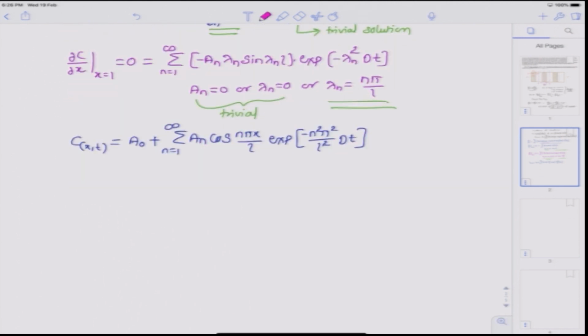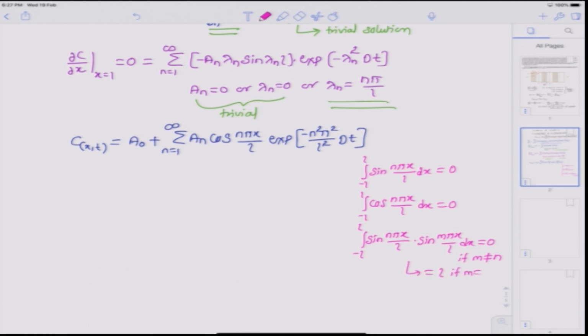So, we know integral minus L to L sin n pi x by L dx is equal to 0, integral minus L to L cos n pi x by L dx is equal to 0, then integral minus L to L sin n pi x by L sin m pi x by L dx is equal to 0 if m is not equal to n, and this integral is equal to L if m is equal to n. Now, both m and n here are integers.